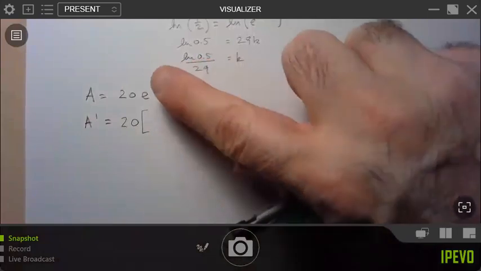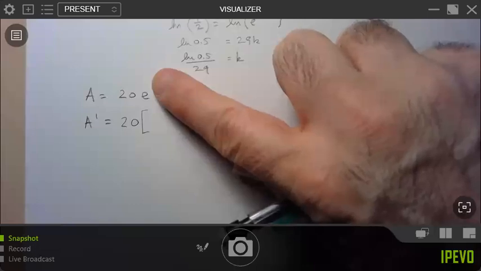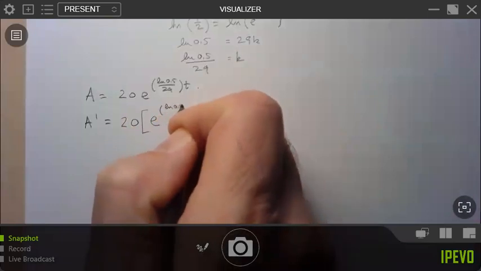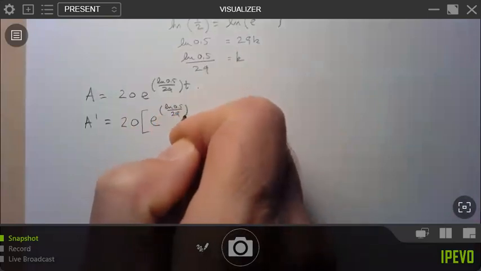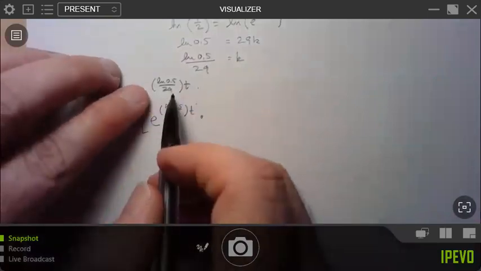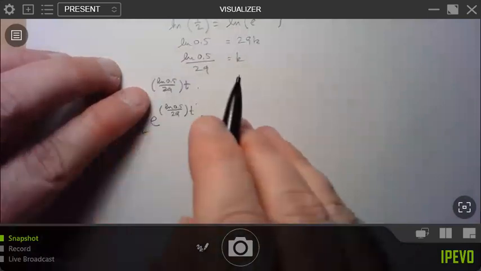Now I'm taking the derivative of this thing here. Well, I have to use the chain rule. So what's the derivative of e to the u? Just e to the u. So e to the ln 0.5 over 29 times t, times the derivative of this function up here. But remember, ln 0.5 over 29 is just a constant.